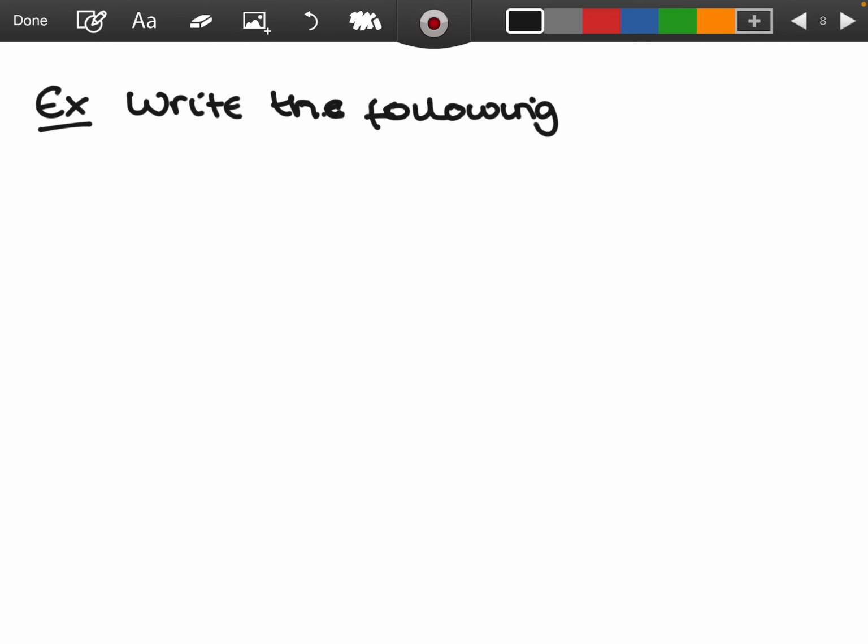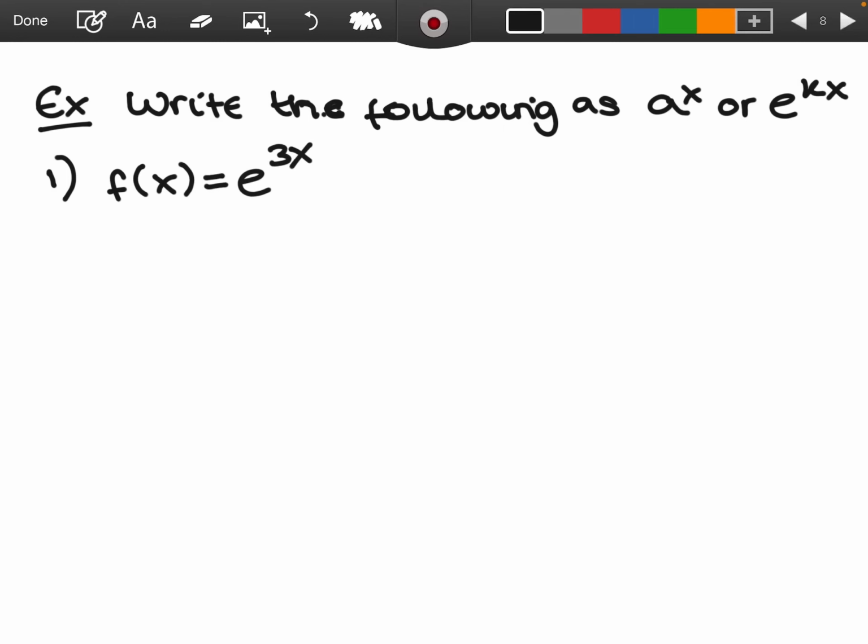each of the following as a to the x or e to the power of k times x. So the first one I'm going to look at is f(x) equals e to the 3x.